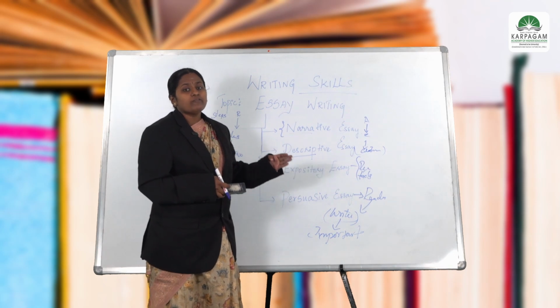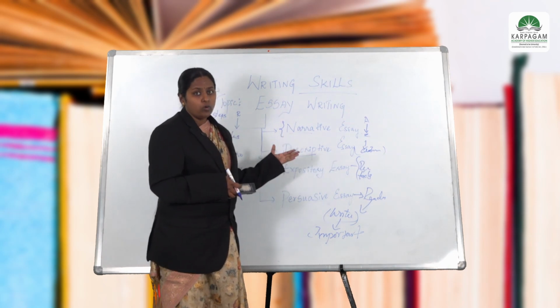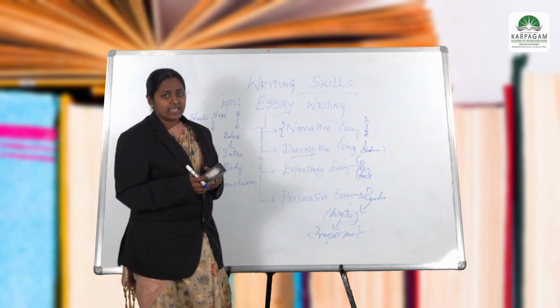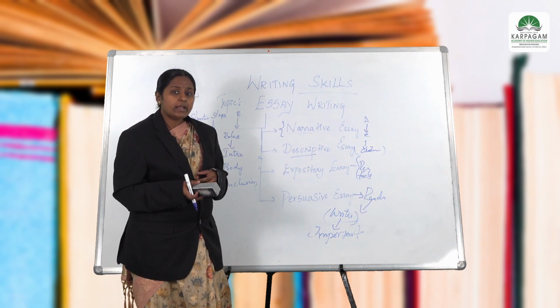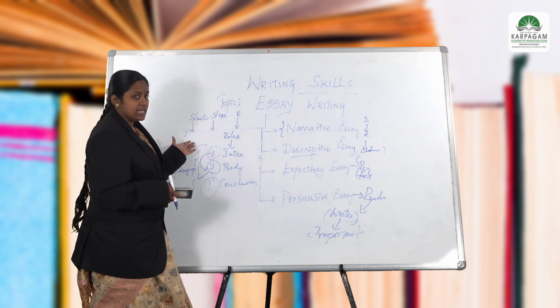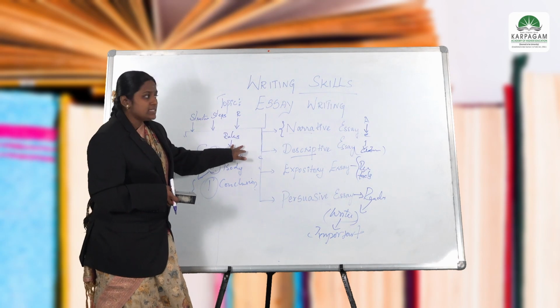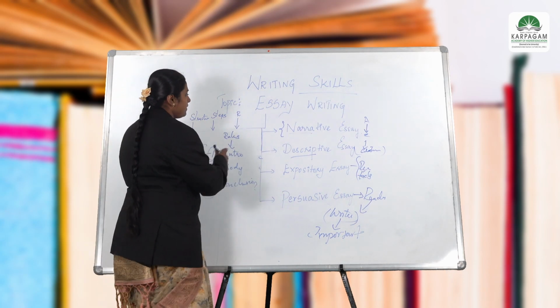These four types are the basic types that one should follow and maintain at the basic level of essay writing. I think you are all clear about the parts, that is structure, steps, rules and the types. So the types are these.